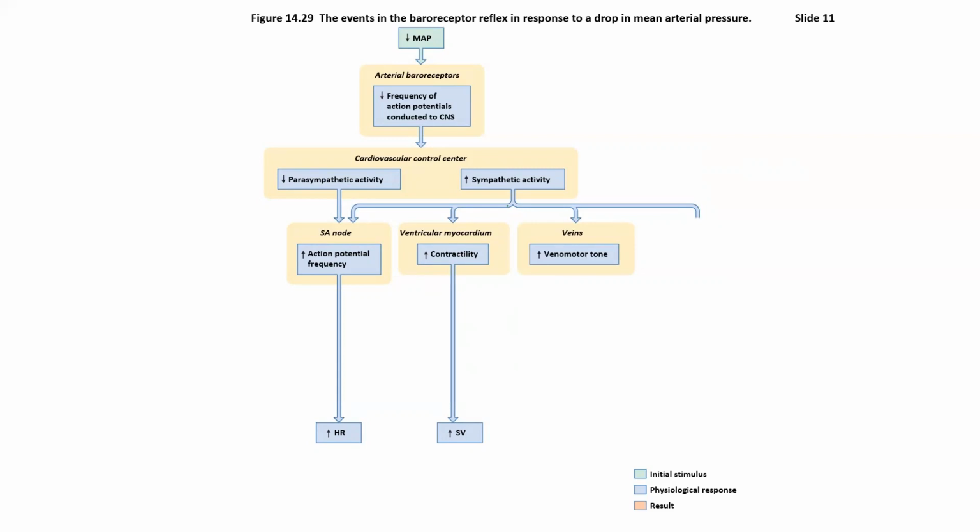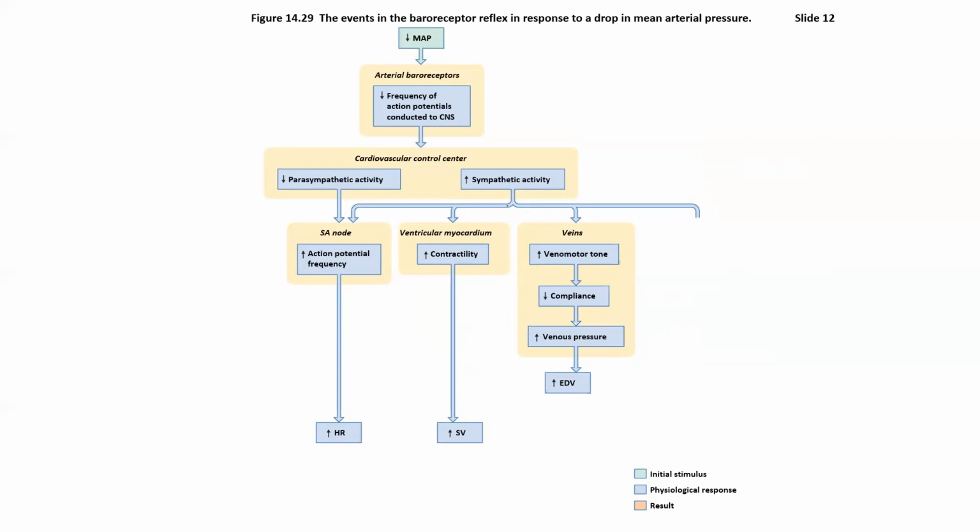Remember, the sympathetic system also influences the veins. It's going to increase that venomotor tone. It's going to cause the smooth muscle there to constrict or contract, and that will put more pressure on the blood, increasing that venous return. So increasing venomotor tone, it decreases the compliance of our veins, increases the venous pressure in our veins, and helps with that venous return.